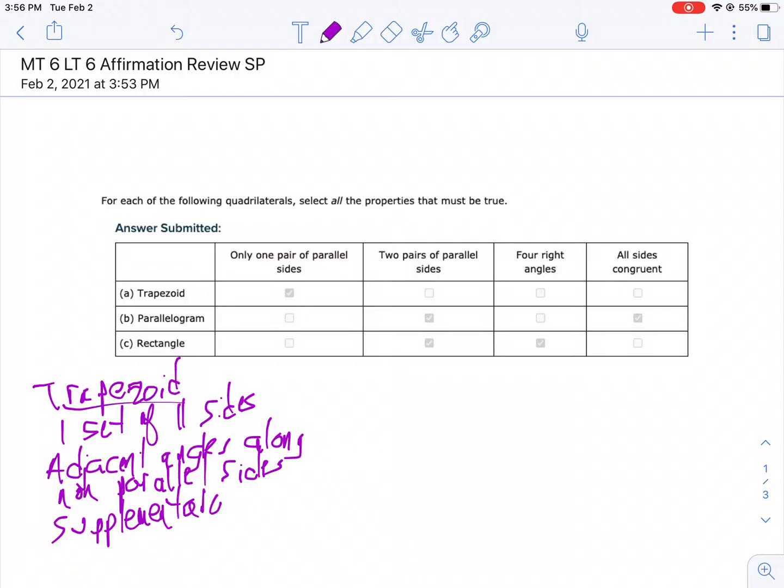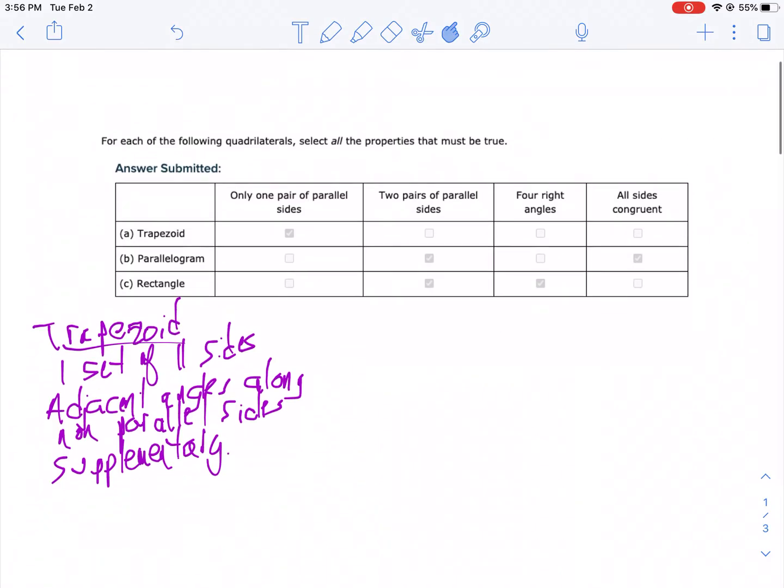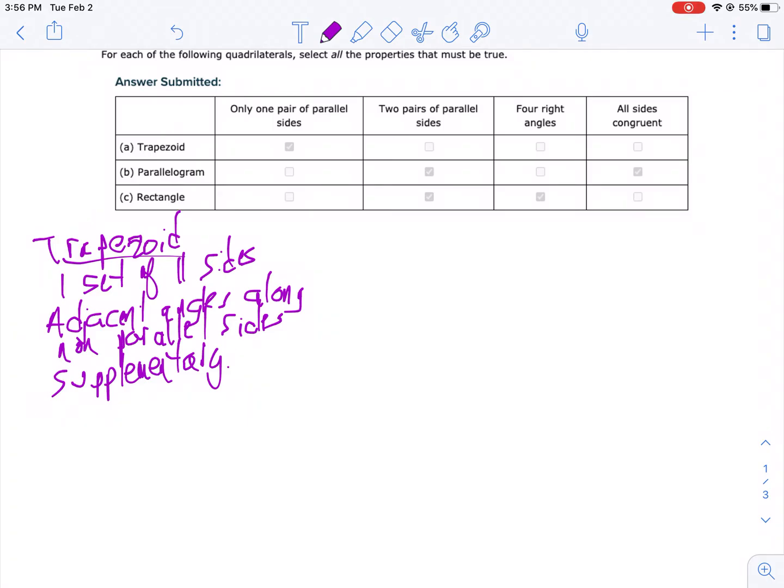If it's an isosceles trapezoid, the base angles will also be congruent.